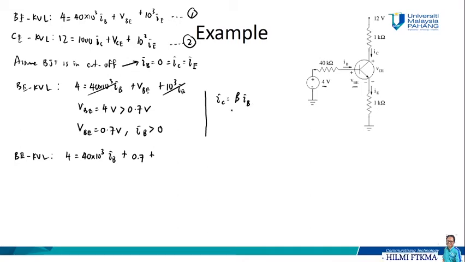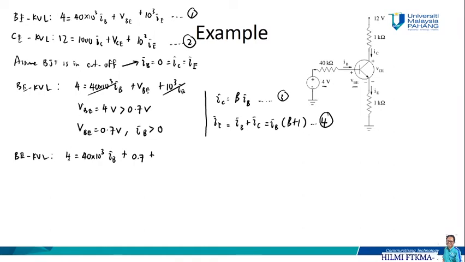Okay, if we look at the previous slide, and also we are going to enforce one more equation. So this is going to be our third equation, and IE should be according to the KCL equal to IB plus IC. So IC is beta IB, so we should get IE equal to IB times beta plus 1. So this is equation number 4.